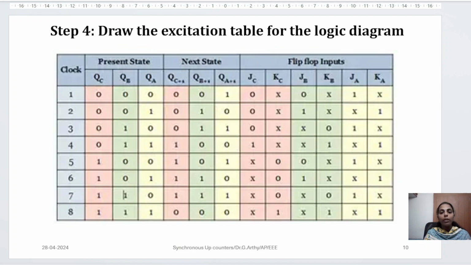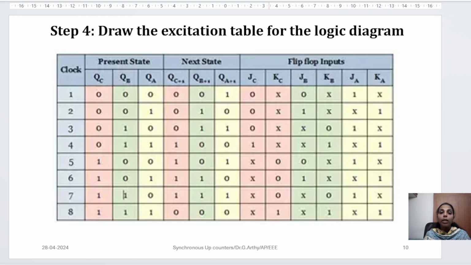Once we have framed this excitation table, we have to draw the K-map for all the outputs. Here the outputs are the inputs of the flip-flops. Our task is to draw the logic diagram. For that, we need to find the inputs. We know the outputs, that is, the counter has to count from 0 to 7 since it is a 3-bit counter.